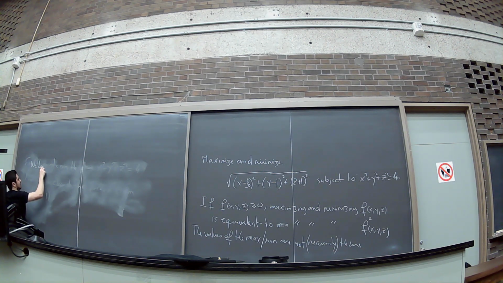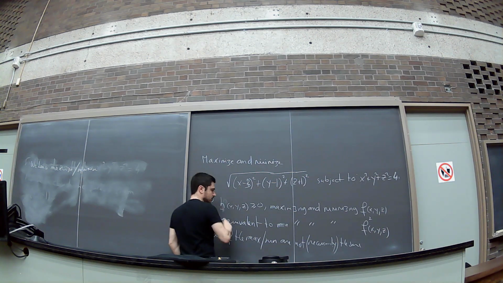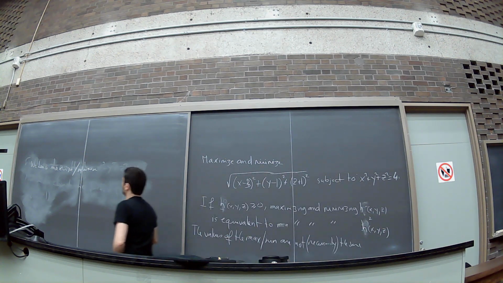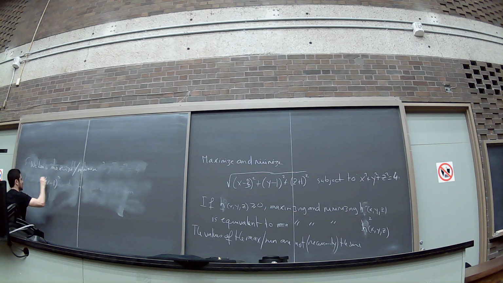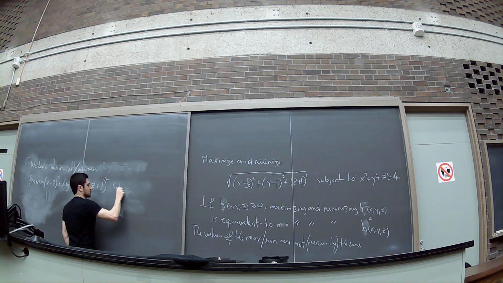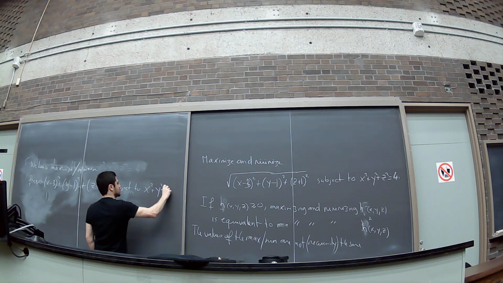So we maximize and minimize. Let me call this f of x, y, z, just so that I don't use f twice: x minus 3 squared plus y minus 1 squared plus z plus 1 squared, subject to x squared plus y squared plus z squared equals 4.